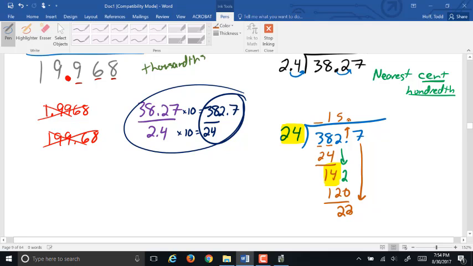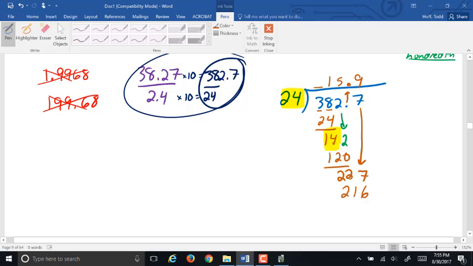Bring up the decimal point. I don't have to do anything with the decimal point, but I can't pass it without moving it up into my answer. Now I bring down the 7. 24 into 227 is 9. 9 times 24 is 216. Leaves us with 11. No more digits.